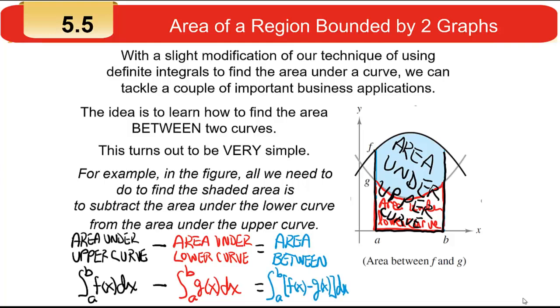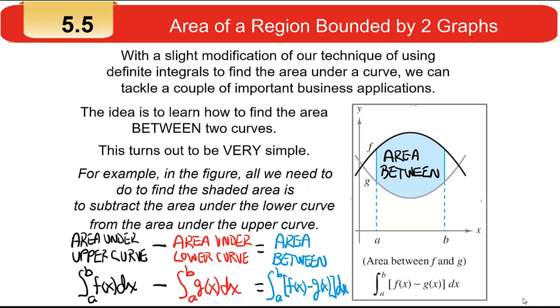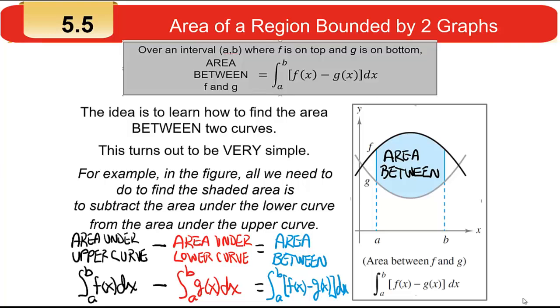So the area between two curves, where there's one curve on top the entire time and the other's on bottom the entire time, is just the difference between the two, top minus bottom, integrated from a to b. Very simple. And if you're looking at it graphically, that area between is the definite integral of f minus g, f being the top curve, g being the bottom curve, evaluated from a to b. Very simple.